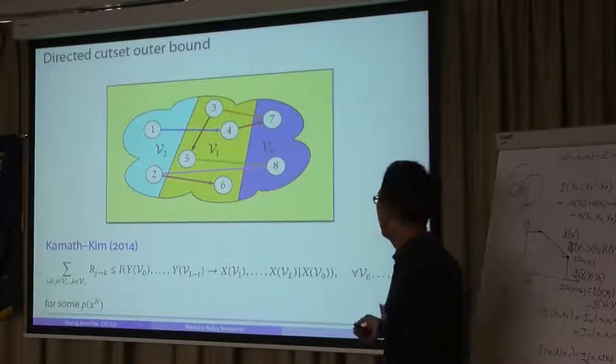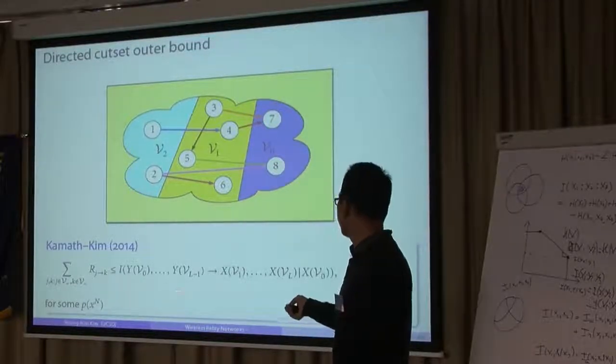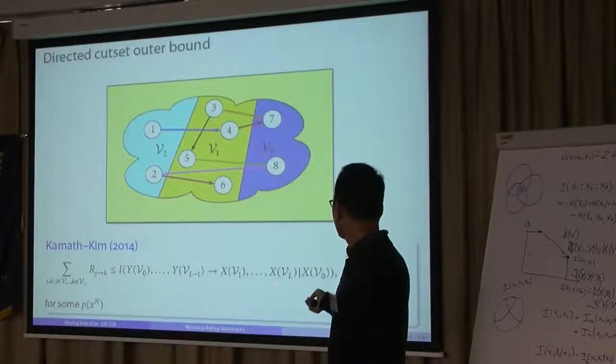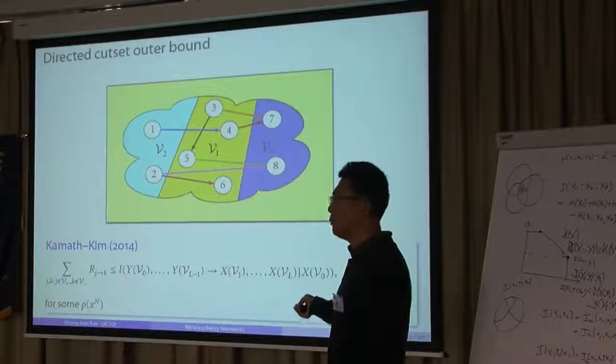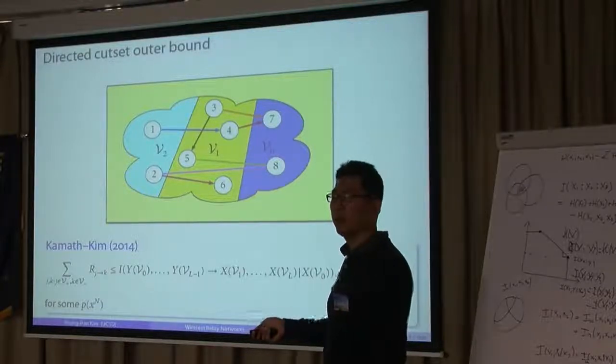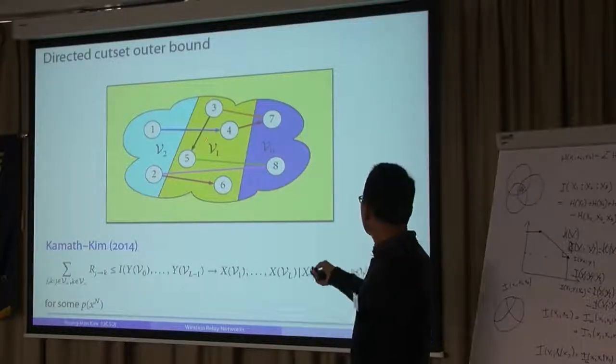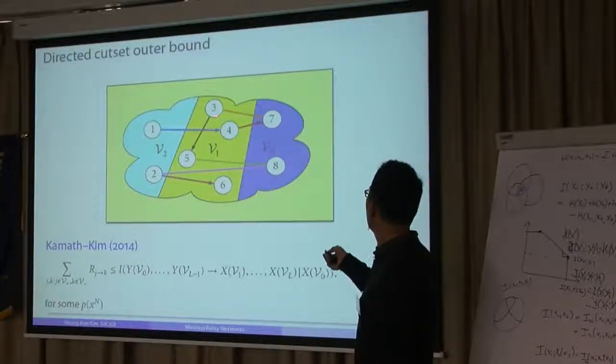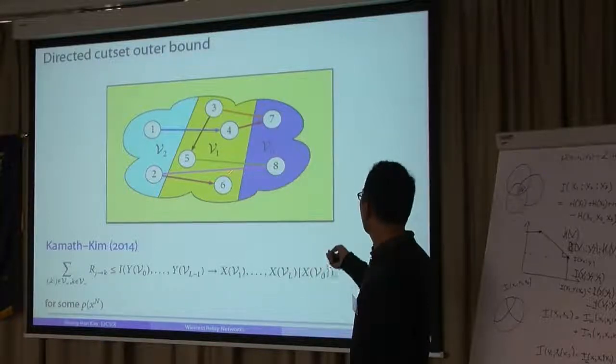What was the interpretation of directed information? It was the information you learn about the input based on the output in a causal manner. So for this particular example, we look at the information we learn from the output here about inputs here, as well as the amount of information we learn about this one based on this, and so on.